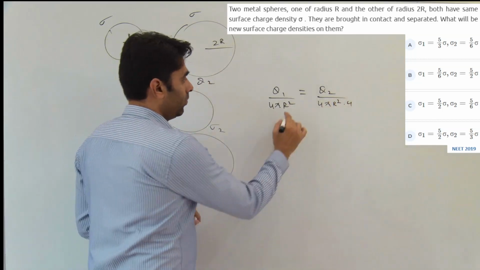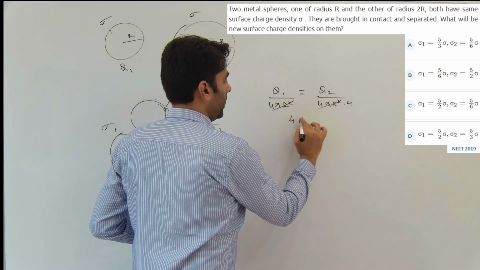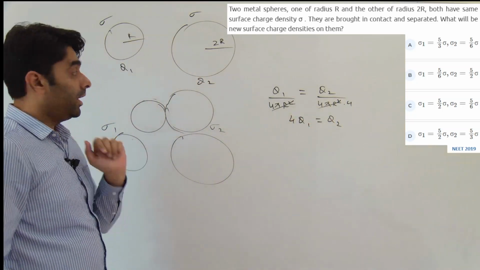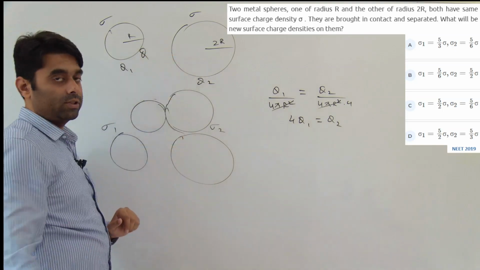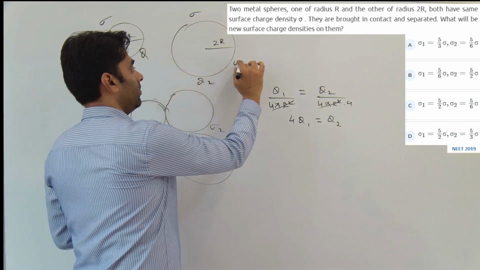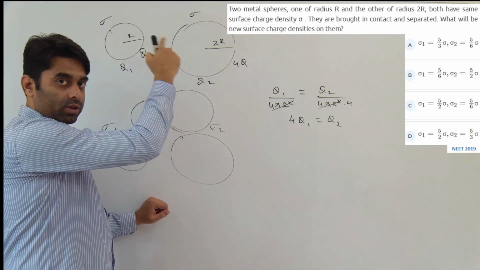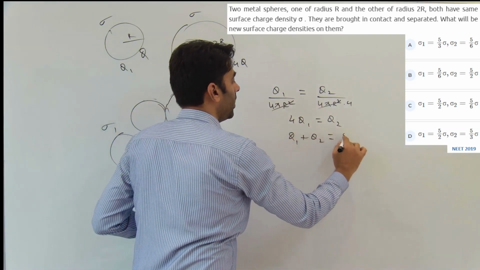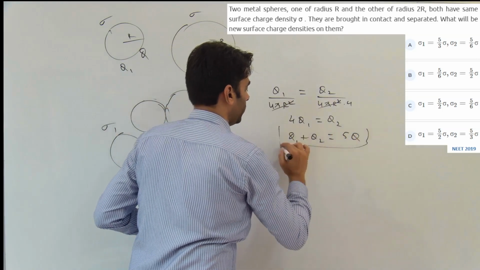So 4r square cancels out, we get 4q1 is equals to q2. If let's say the charge on the first one is q, the charge on second one will be 4q. Total charge on the spheres will be q1 plus q2 will be 5q. I hope this point is okay.